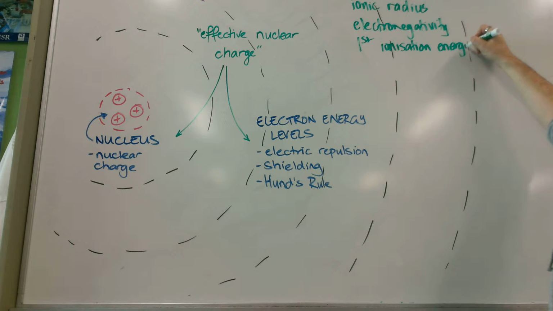For those doing scholarship, you also need to understand second ionization energy, third ionization energy, and fourth. But I'll leave that for when you do those tutorials with Mr. French. But these are the things we need to be able to identify trends on the periodic table and then use what I'm about to talk about to explain.